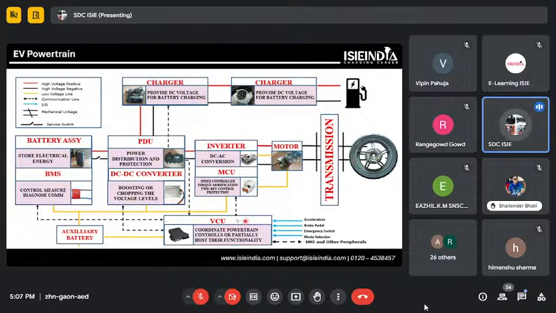Again, we have VCU connections inside the EV powertrain. What is the role of the VCU? The vehicle controller unit coordinates the power for the controller and its connections, like when we give any acceleration, brake pedal, CAN communication, and other peripheral connections, when we integrate the data.